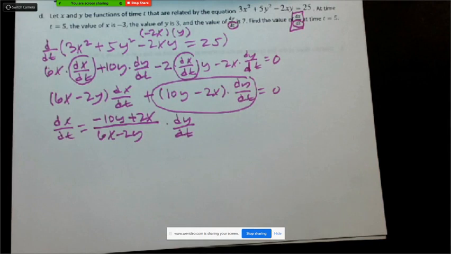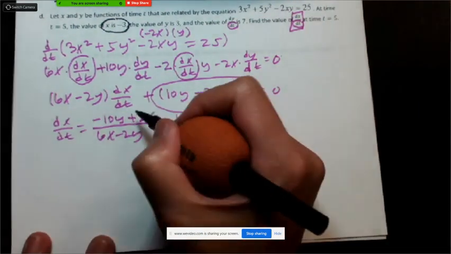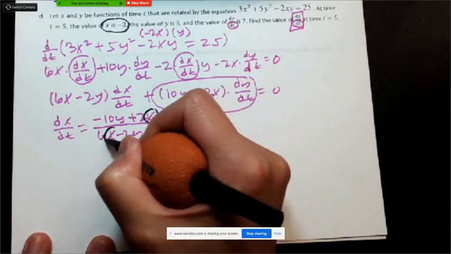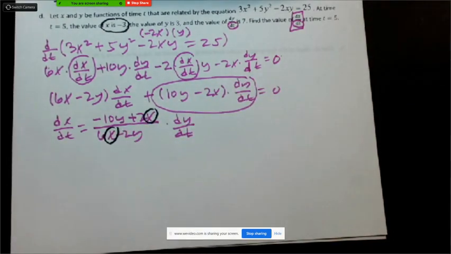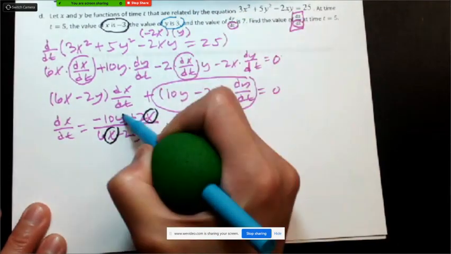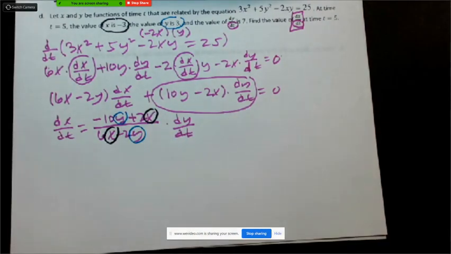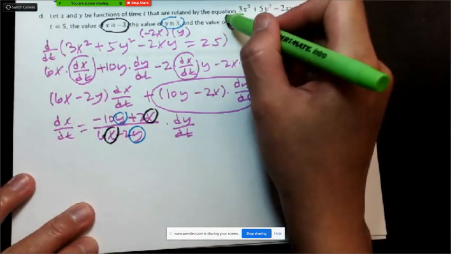So at this point, all we have to do is plug everything in. Watch this. Do you see it says x is negative 3? So let's circle them. Here's my x, here's my x. Is everyone okay with that one? What else can we plug in according to our given? y is equal to what? 3. So I can plug it in here and here. There's one more piece of information: they gave us dy over dt.